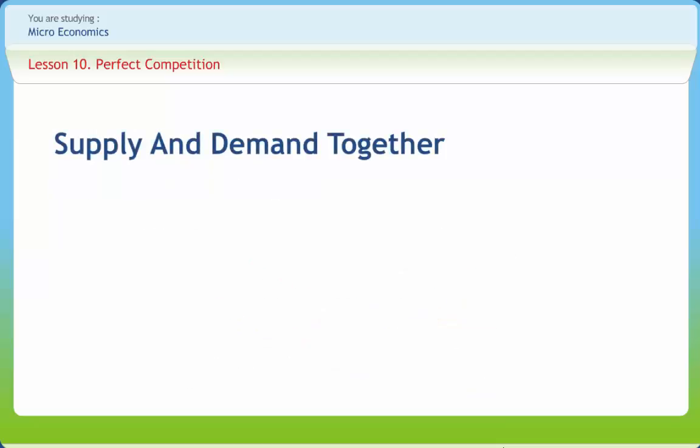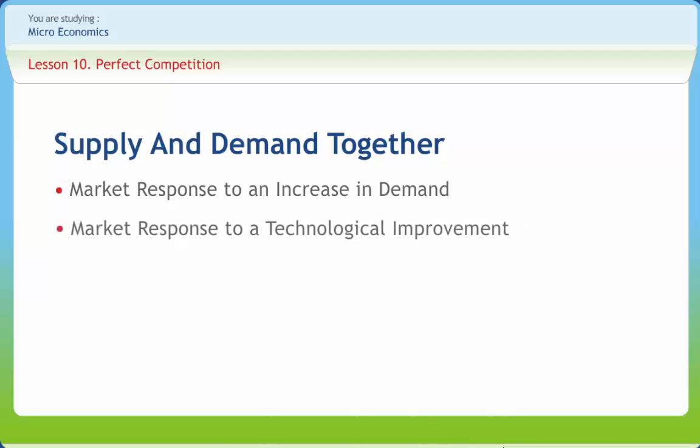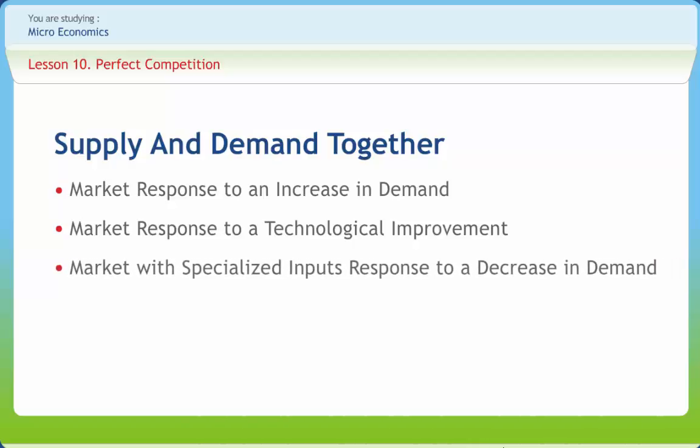Now we will discuss three conditions that exhibit how adjustment is likely to take place in the firm and in the market under different situations: market response to an increase in demand, market response to a technological improvement, and market with specialized inputs response to a decrease in demand. Firstly, market response to an increase in demand.